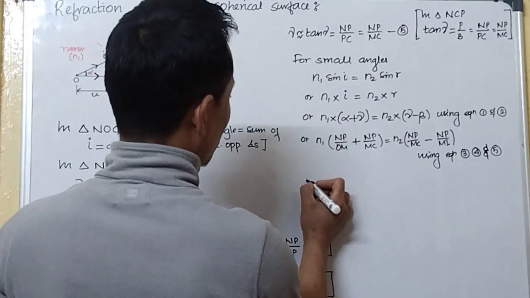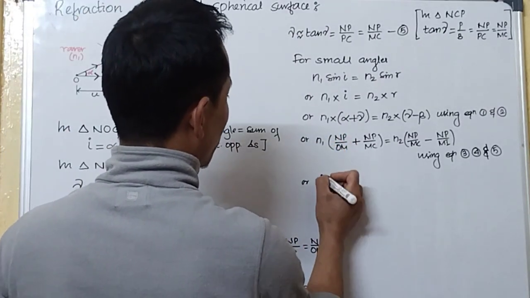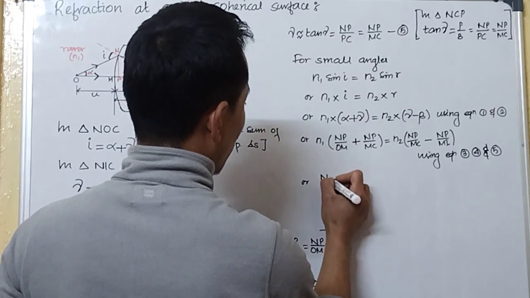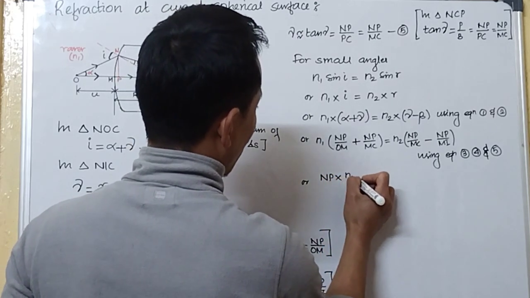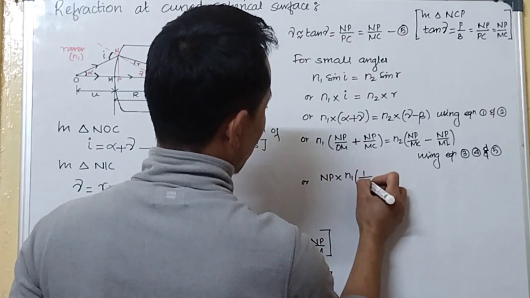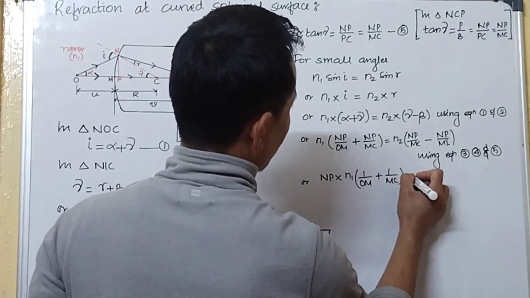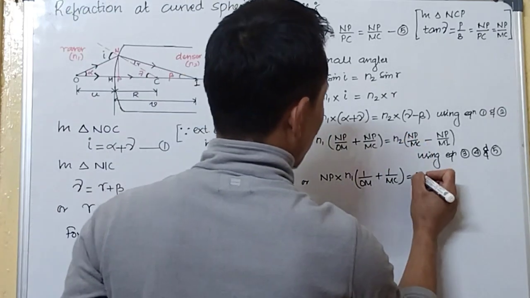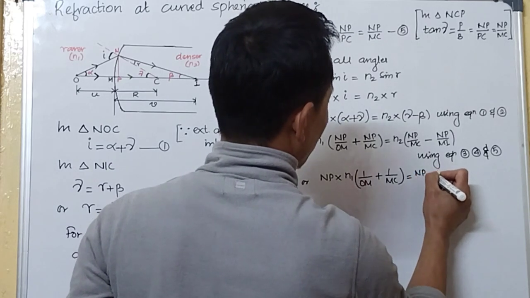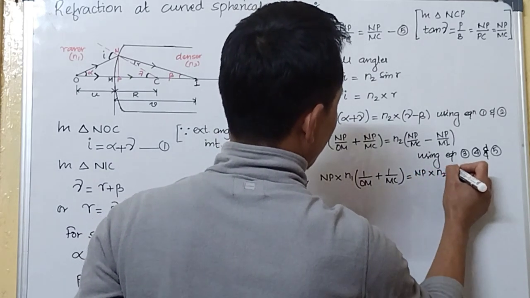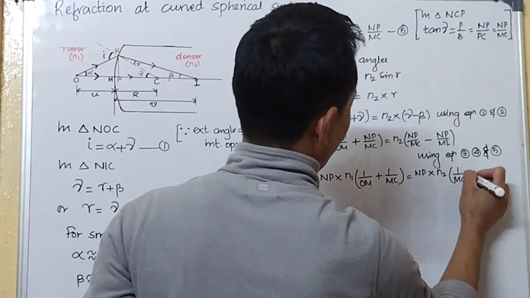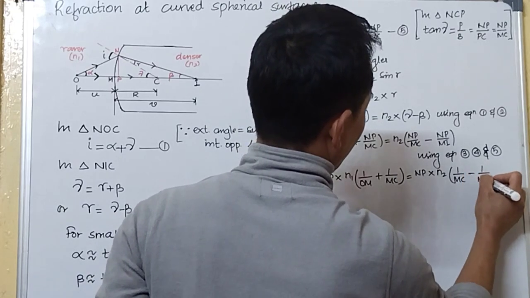Now let's take out the common from here. We can write down NP into N1 times 1 divided by OM plus 1 divided by MC. Similarly, from the right hand side, we can take out NP common into N2 times 1 divided by MC minus 1 divided by MI.